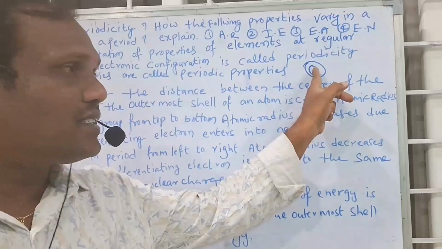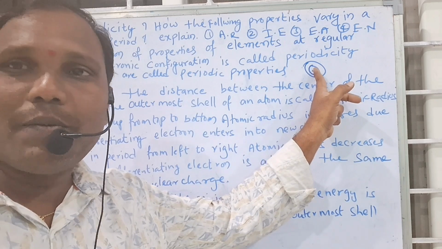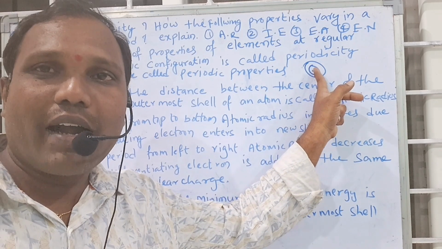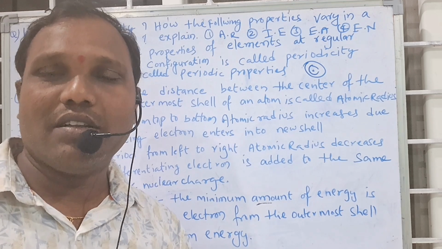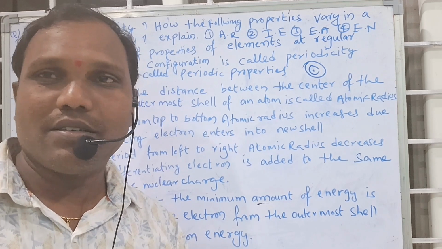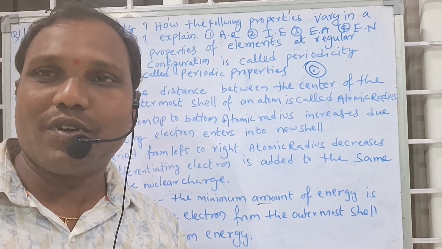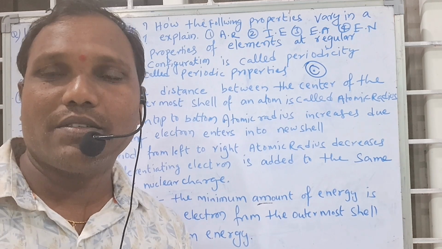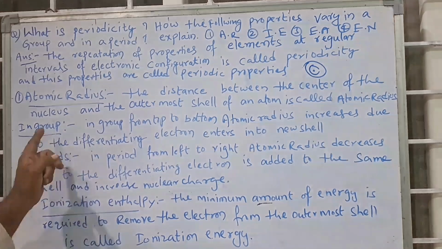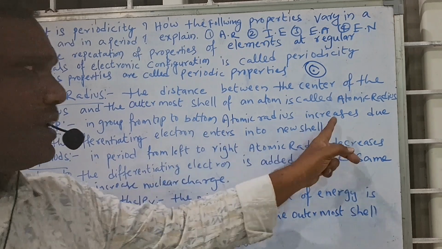The distance between the center of the nucleus of an atom to its outer shell or valency shell is called atomic radius. Simple definition: distance from nucleus to outer shell is called atomic radius. Atomic radius in groups increases from top to bottom.